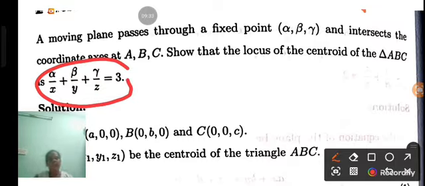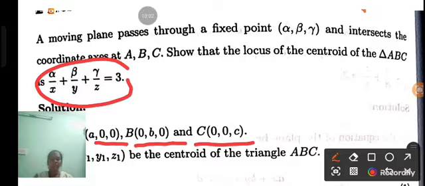First, let the plane cut the coordinate axes at A equal to (a, 0, 0), B equal to (0, b, 0), and C equal to (0, 0, c). Then the centroid of the triangle: let the centroid of the triangle ABC be (x1, y1, z1).